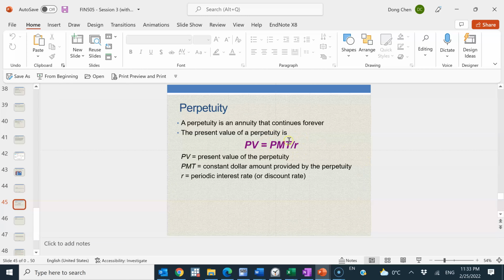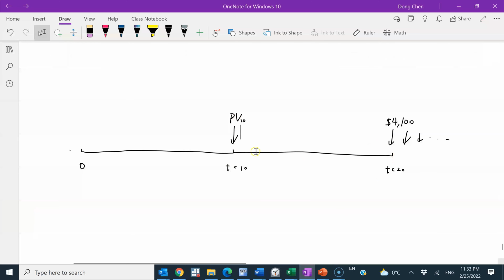If you apply this formula, you need to make that assumption. But in this case, if we calculate the present value at date 10, the first payment would need to start at t equals 11, right? But that's not the case.